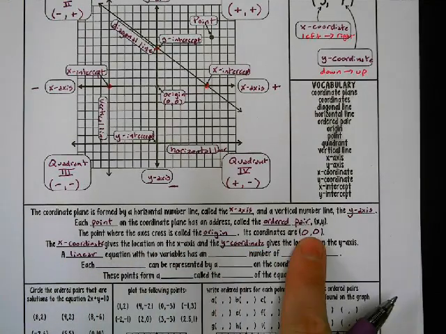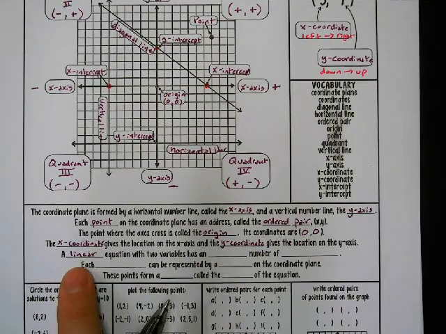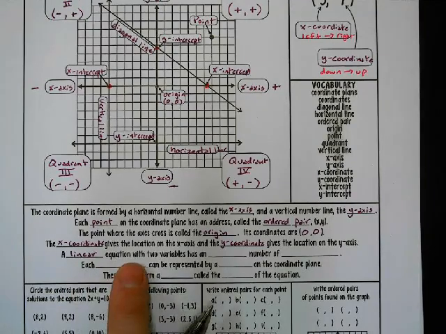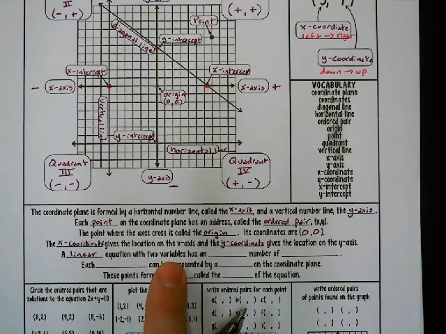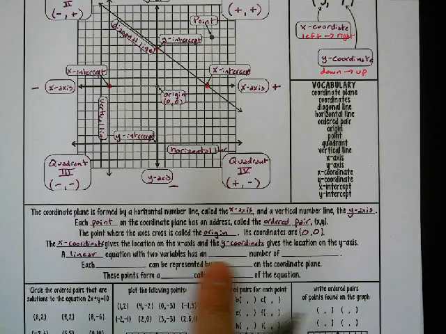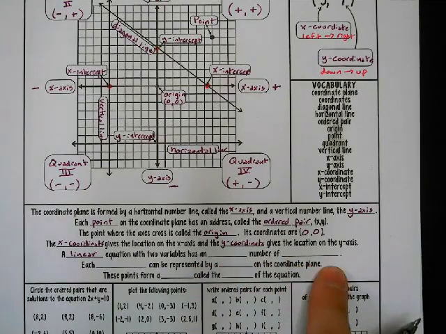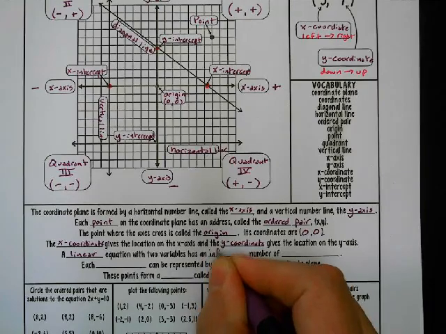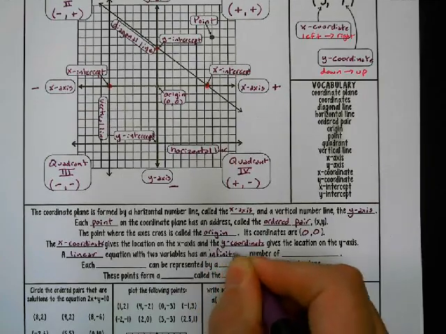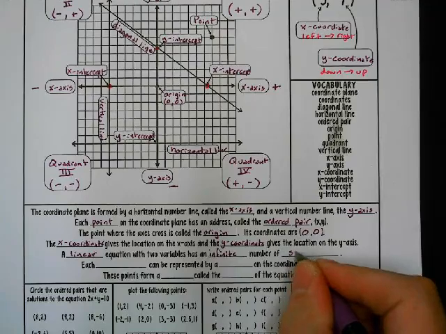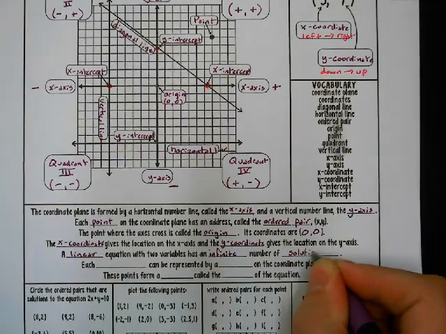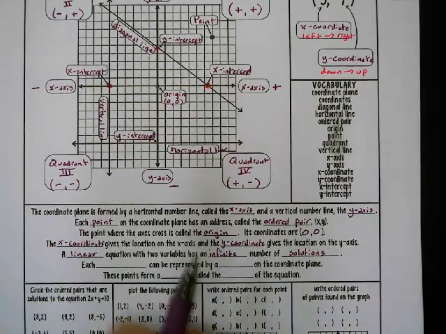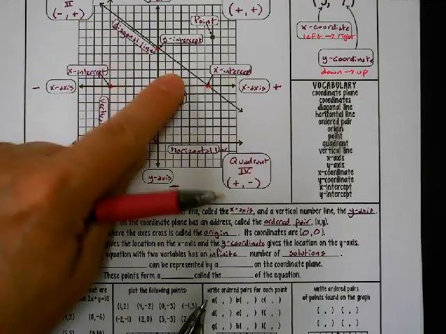Okay, anyways, a linear equation has two variables in it and has a blank number of blank. And these words are infinite number of solutions. So let's take this diagonal line here. This diagonal line has an equation that represents that line.